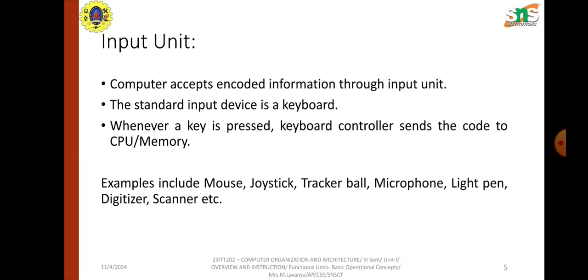The input unit is used for getting the inputs to the system, and the standard input device is the keyboard. Apart from this, we have multiple input devices, for example mouse, joystick, microphone, pen, scanner, etc.